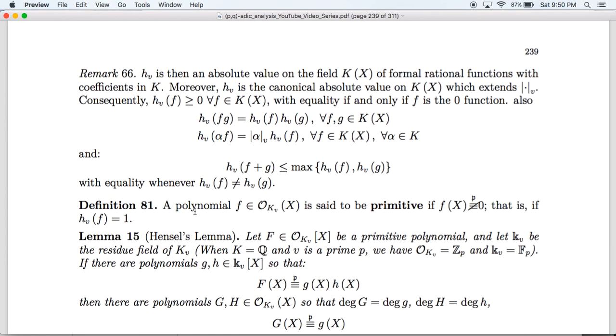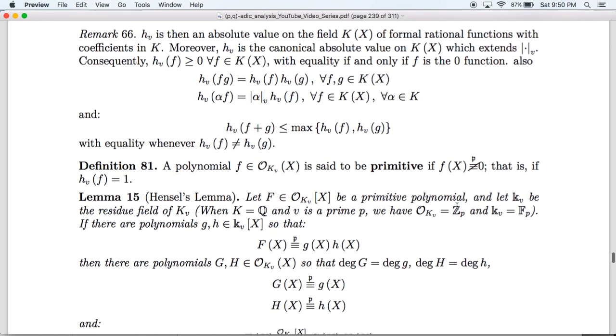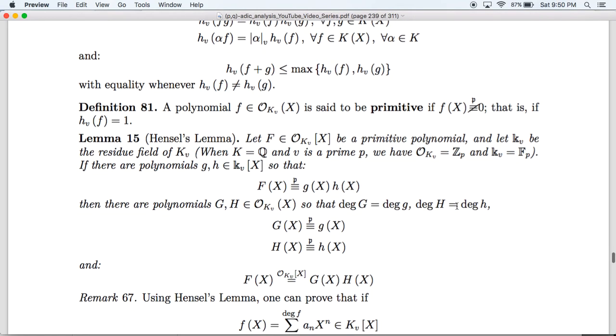So now we say that a polynomial with coefficients in the v-adic integers is primitive if it has v-adic height 1, which is to say that at least one of f's coefficients is not a multiple of p. And then in this language, Hensel's lemma is as follows.